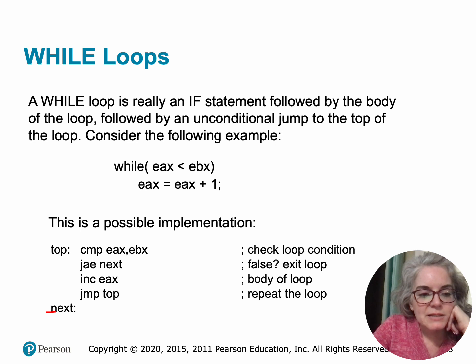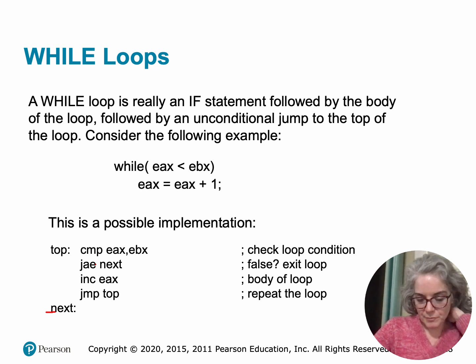Now what this says is above, so JAE, above or equal. So above means greater than. So if EAX is greater than or equal to EBX, then we're going to stop.